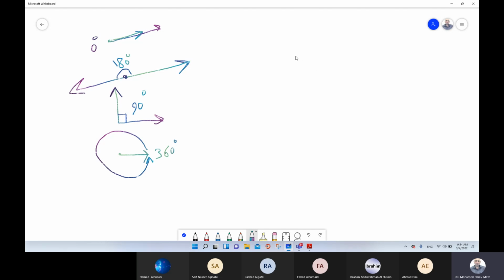If the angle is greater than 0 and less than 90, the name of this angle is acute, like this angle.